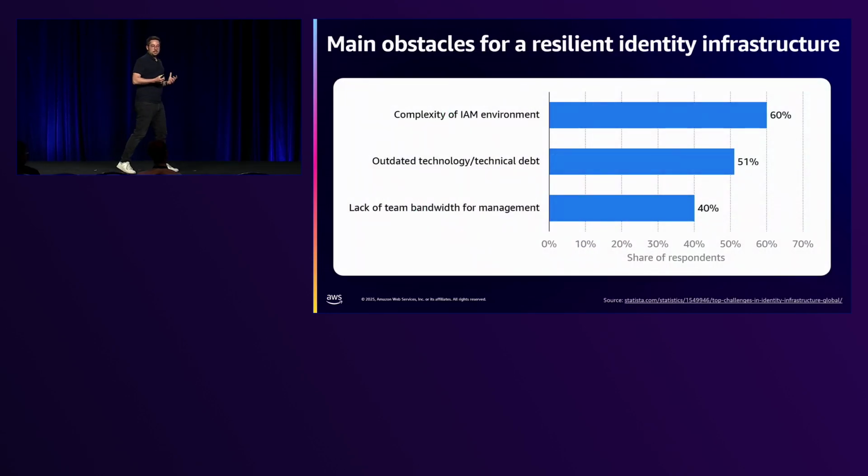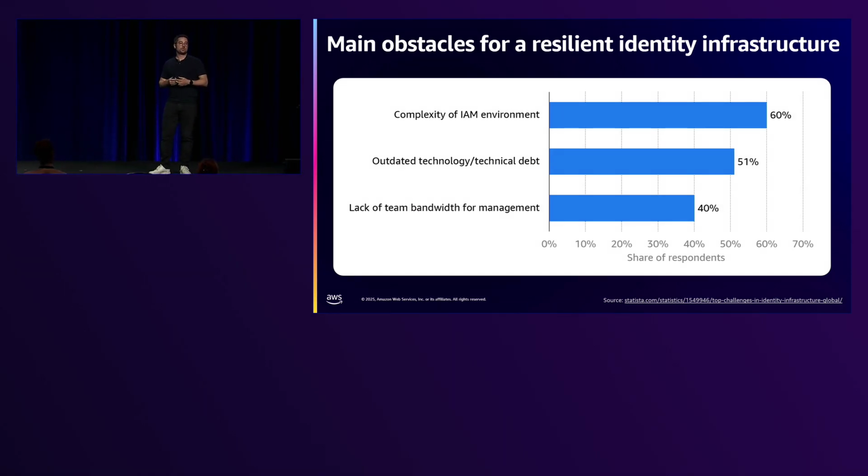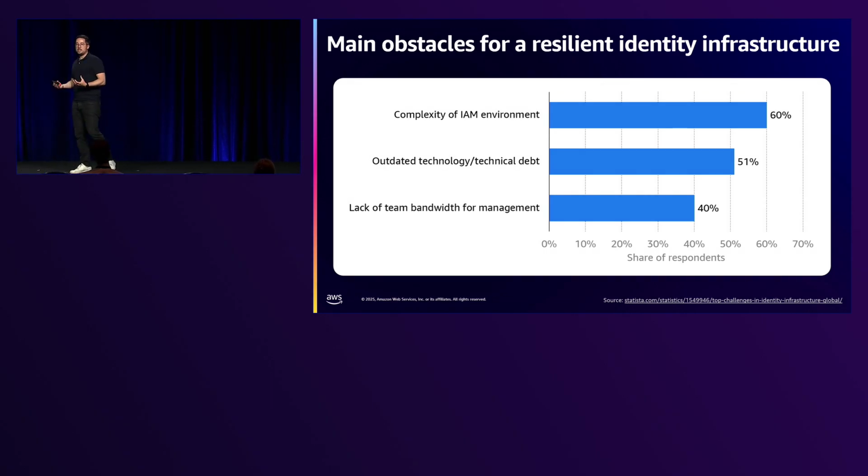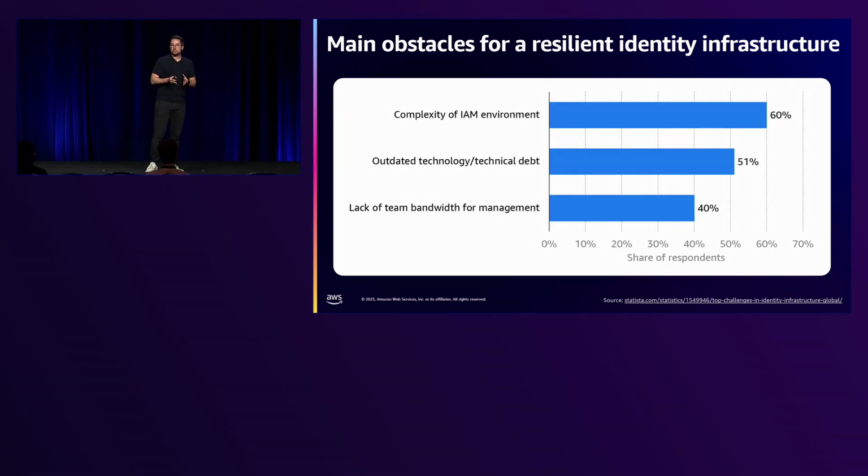There was a survey done which asked organizations what are the main obstacles that they face when it comes to a resilient identity infrastructure. And the things that they struggle with were manifold. So 60% of the survey respondents said that the complexity of their identity and access management environment was the top thing that they are struggling with.